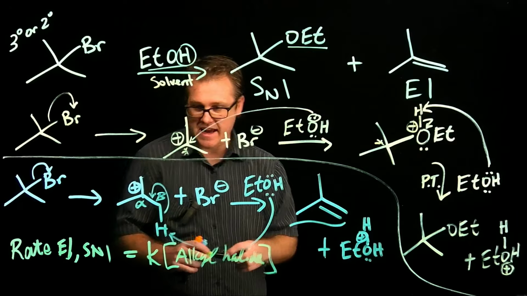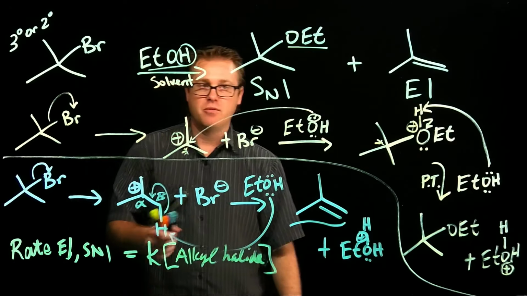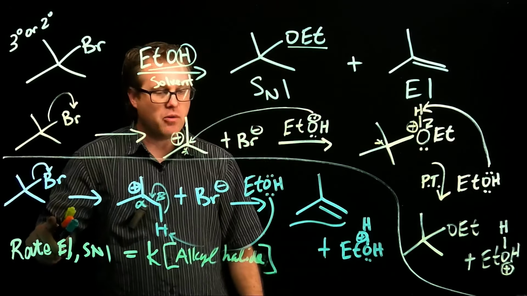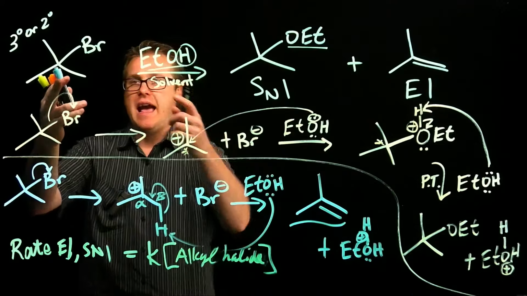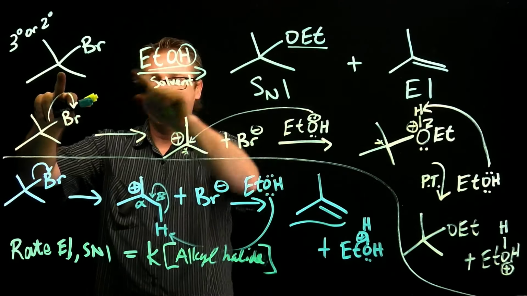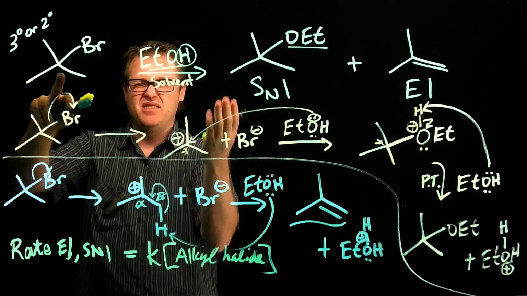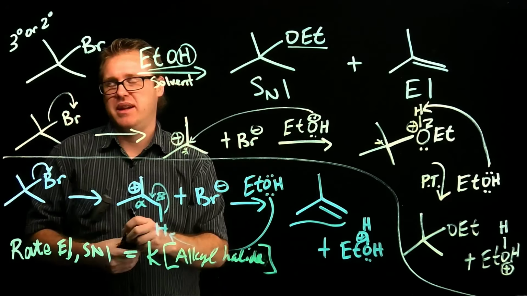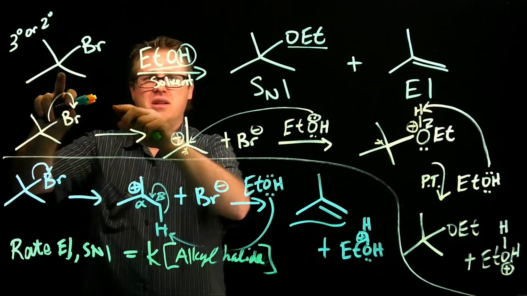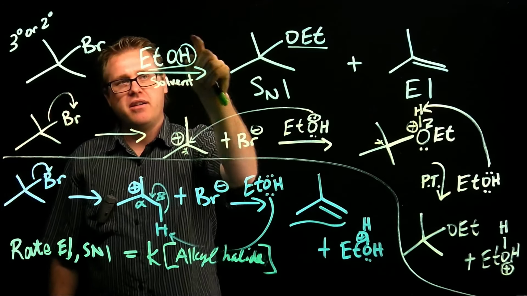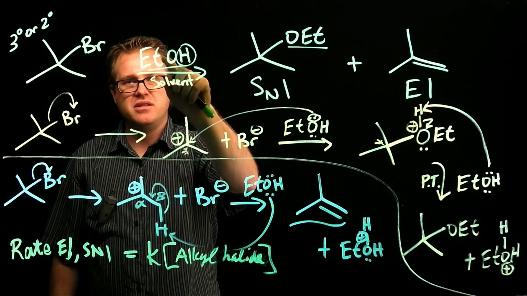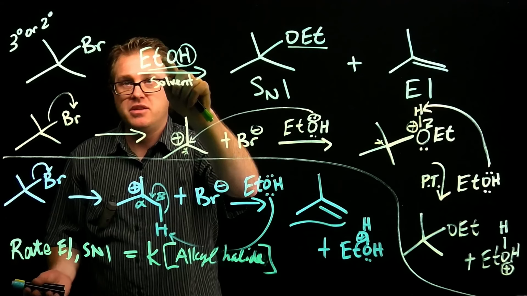So when they were doing the kinetic studies for SN1 and E1 reactions, they would look at this reaction scheme here, and if we did the same analysis as we did with the SN2 and E2, what you'll notice is that if they doubled the concentration of this species right here, nothing happened to the rate.